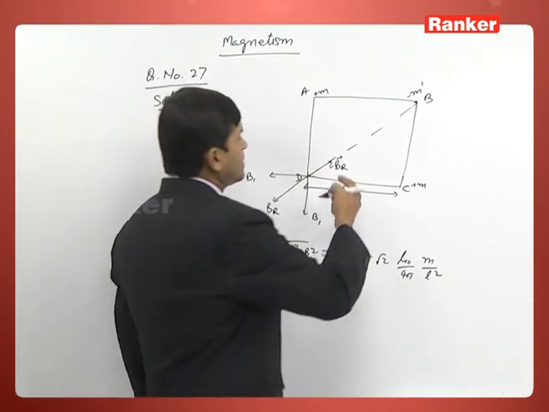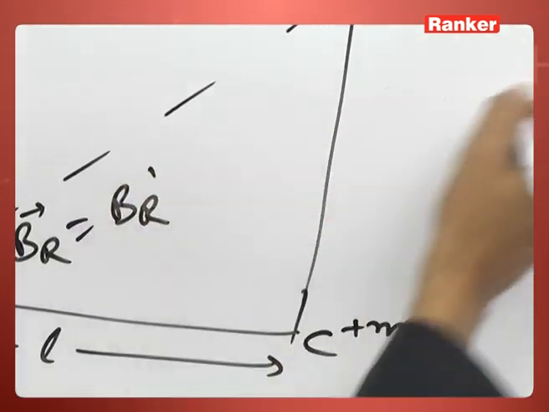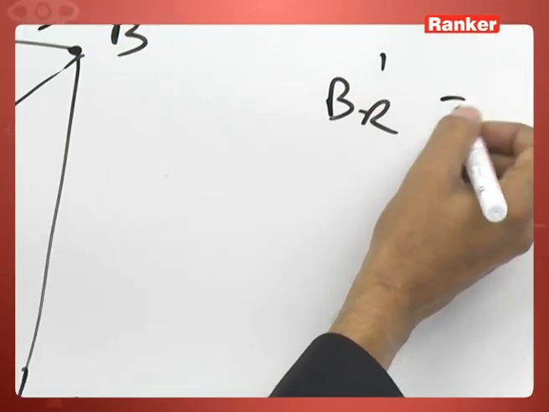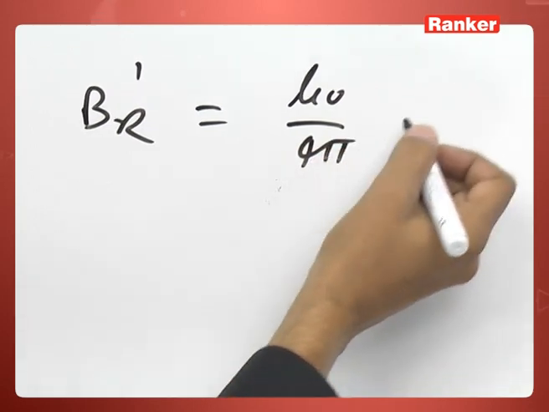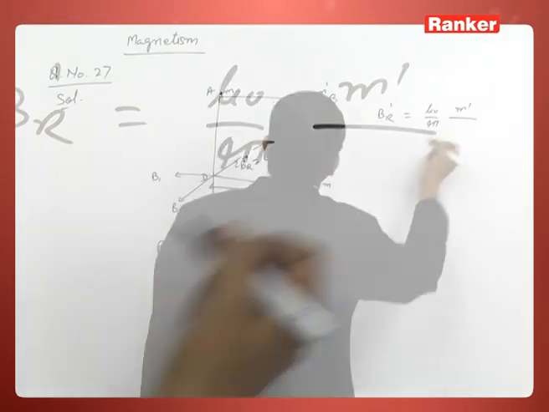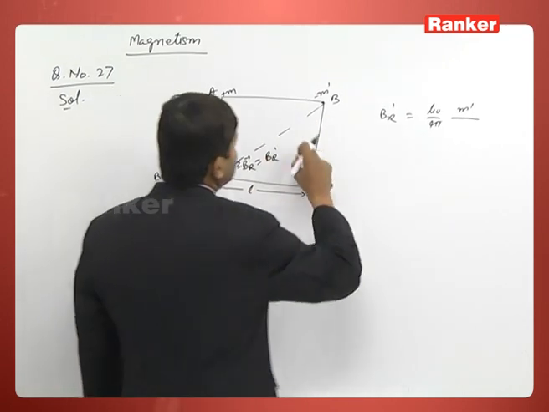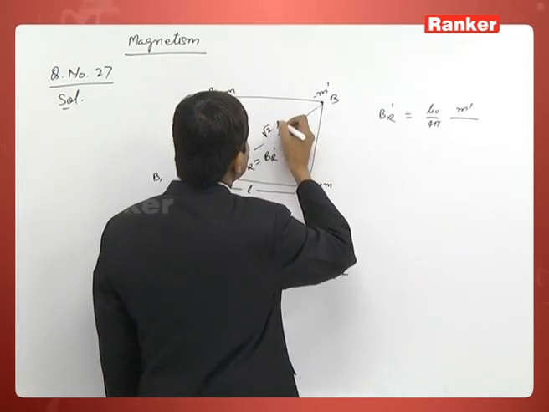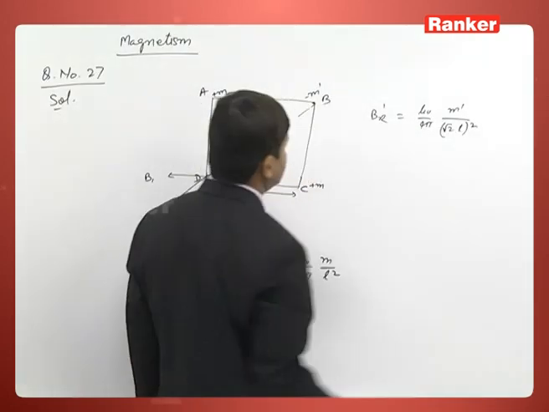Let this be BR dash. So BR dash must be equal to mu naught by 4 pi M dash by the whole distance. This is L, this is also L, so this will be root 2 L, the whole square.